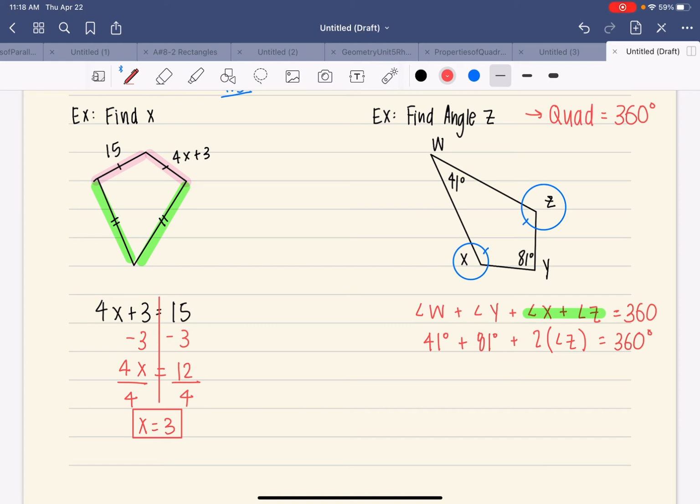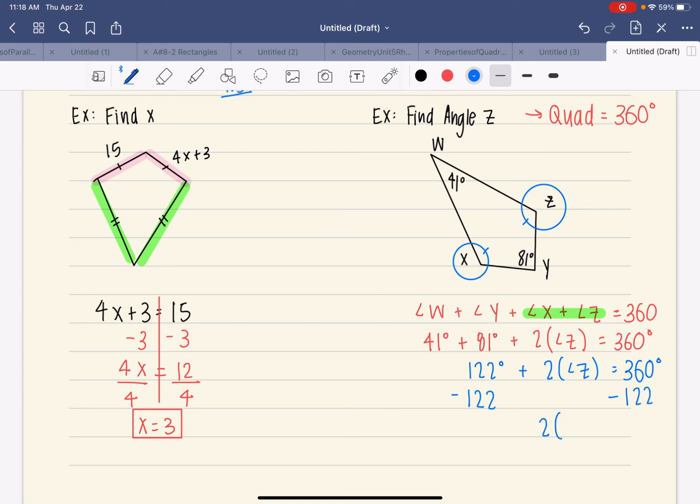So 41 plus 81, we get 122. We'll subtract 122 from 360.